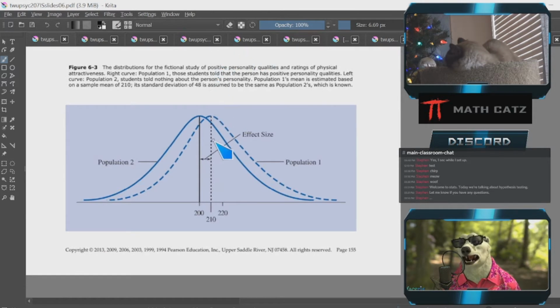The effect size would be different if my sample mean was not as far away as before.